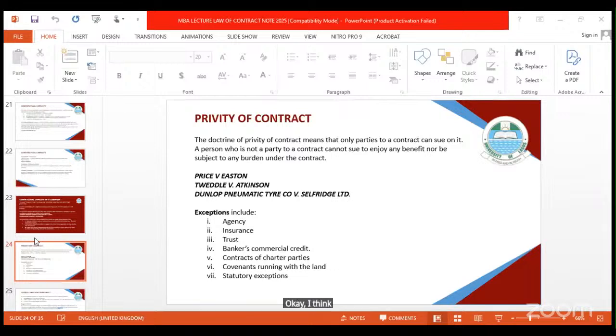Okay, I think I'll pick Tweddle versus Atkinson. Okay, go ahead.